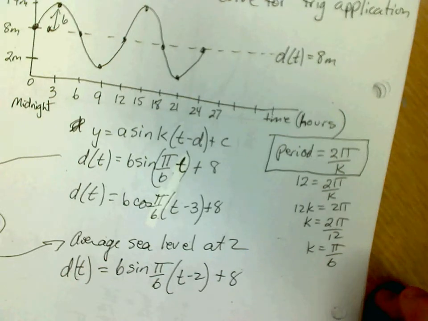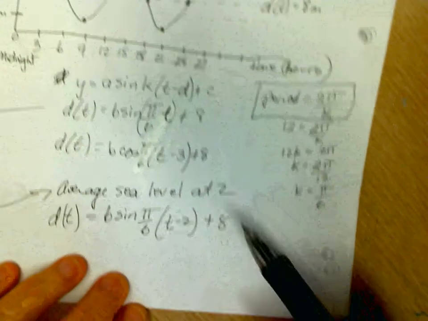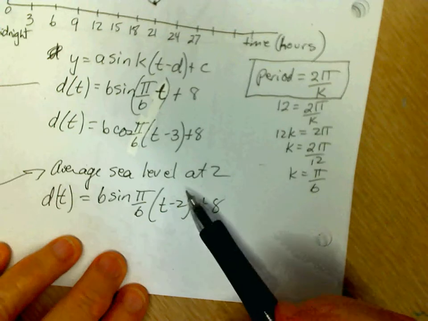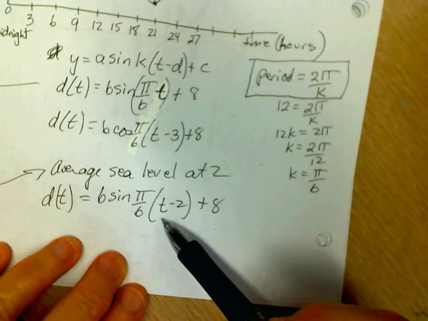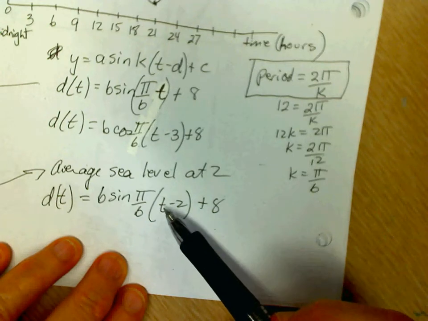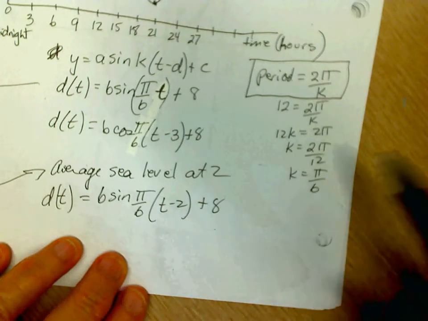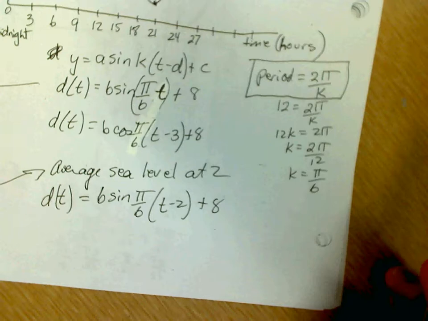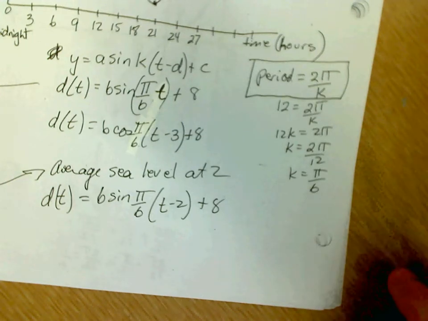You're asking because I said over the next 24 hours, so it should be from 0 to 24. This will show from 0 to a billion hours. I know, but the question said how the depth changes over the next 24 hours.